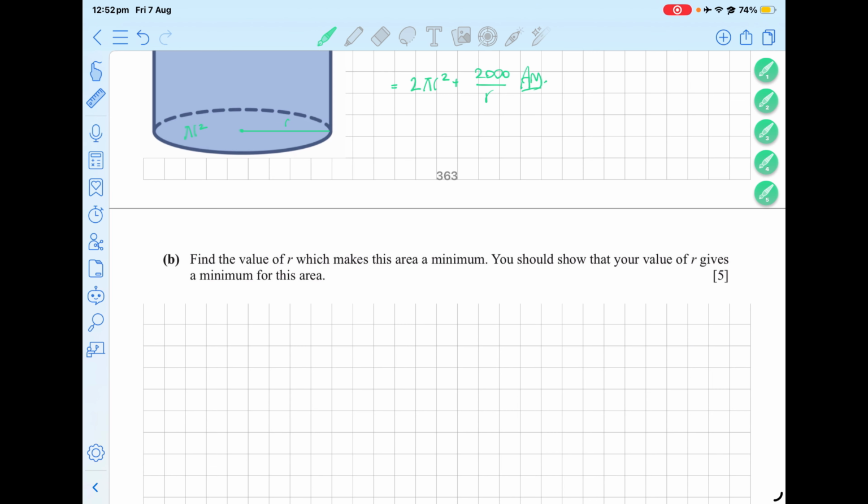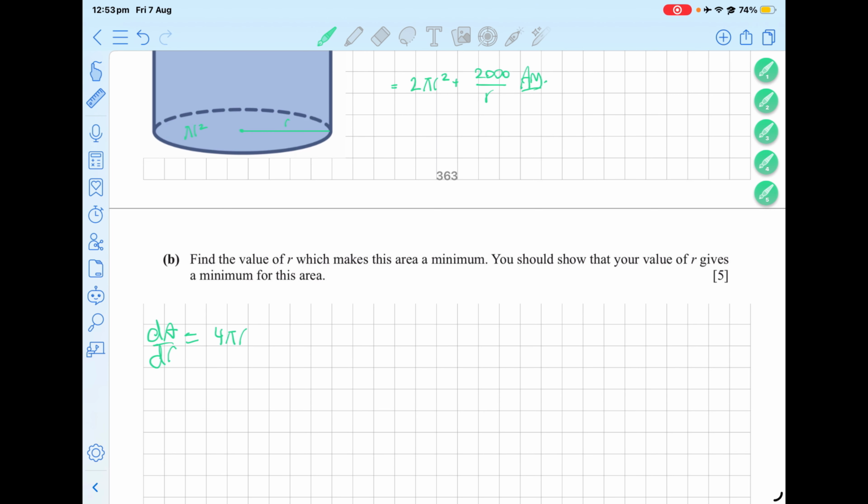So I can do dA by dr equals, what would this be equal to? Well, this will become 4 pi r, because pi and the other number, like 4 or 2, whichever you're looking at, are all going to be constant. You get 4 pi, and then you'll obviously lose one of those r's.